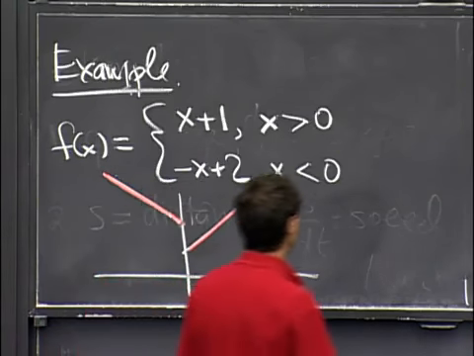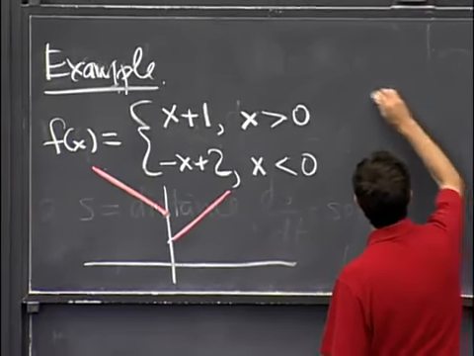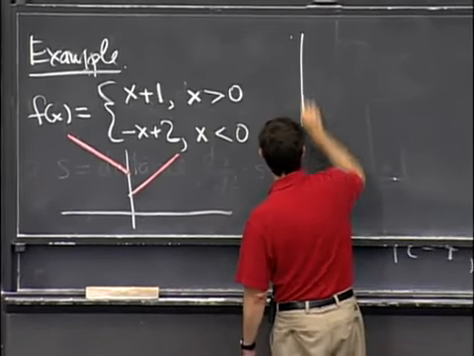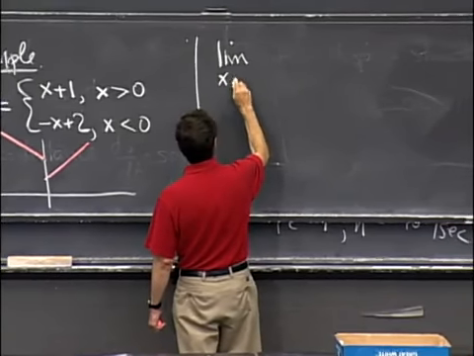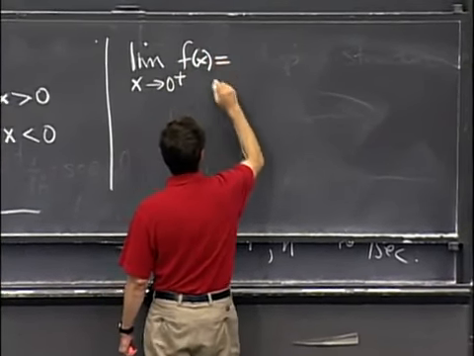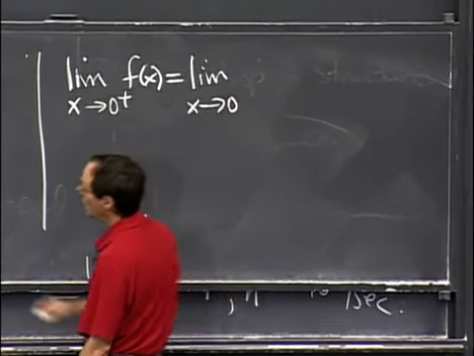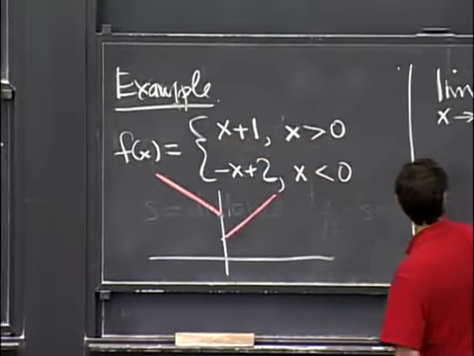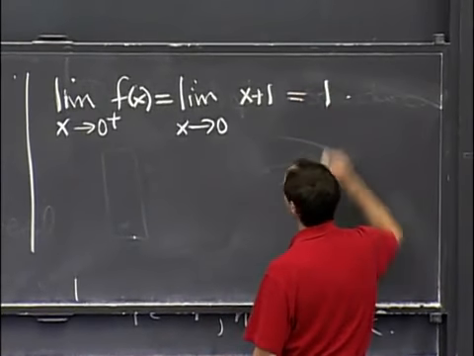And then if I calculate these two limits here, what I see is that the limit as x goes to 0 from above of f of x, that's the same as the limit as x goes to 0 of the formula here, x plus 1, which turns out to be 1.